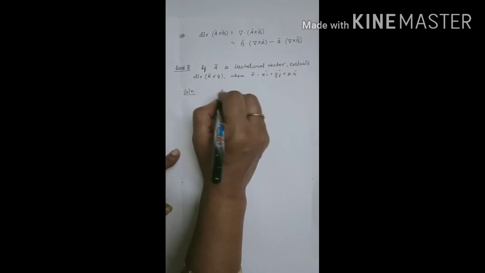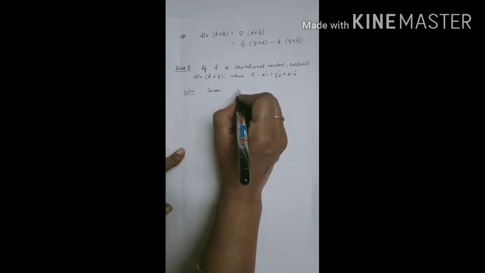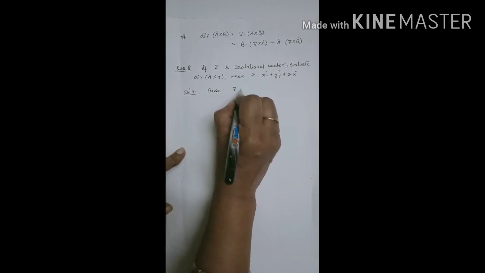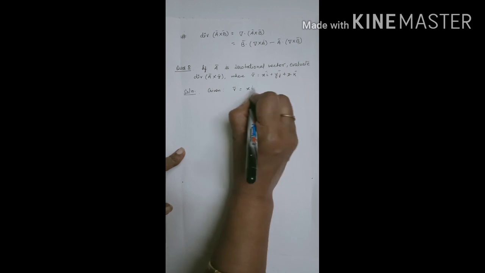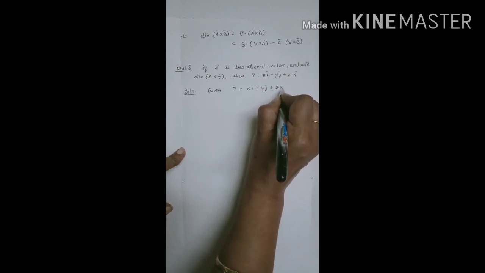So you have, given, there are two things. First, they have given you vector R: xi plus yj plus zk.